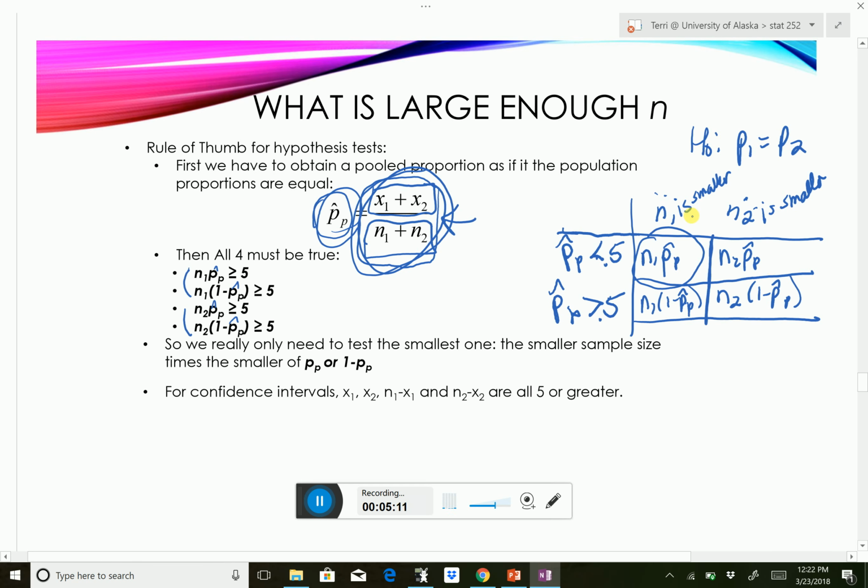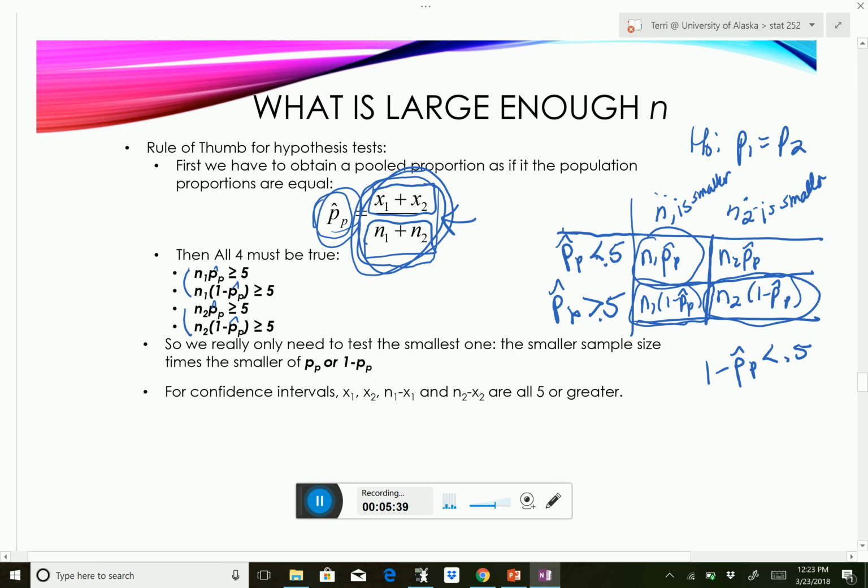If N1 is smaller, yet my original P pooled was larger than 0.5, which means 1 minus the P hat is less than 0.5, then I'm going to use this one. And finally, if N2 is smaller and my original P pooled is more than 0.5, I'm going to use this one. So really, I only have to test one thing, whichever one of these four things is the smallest.